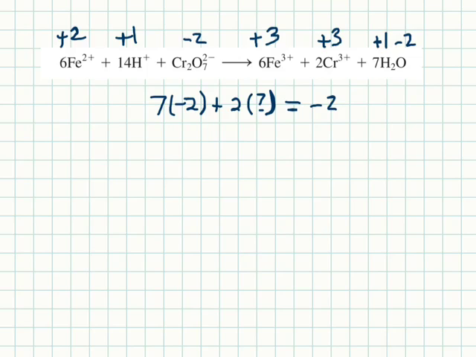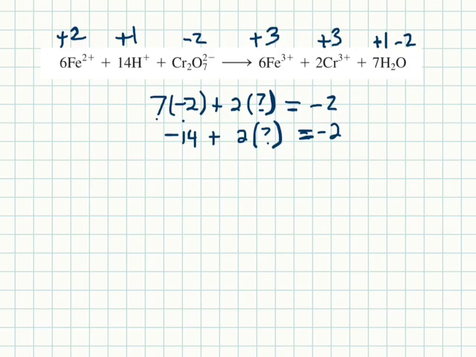So one more time, 7, because there's 7 oxygens, times -2, because that's oxygen's oxidation state, that gives me -14, plus 2 times something has to be -2. Now the -2 at the end is because the dichromate had a total charge of -2.